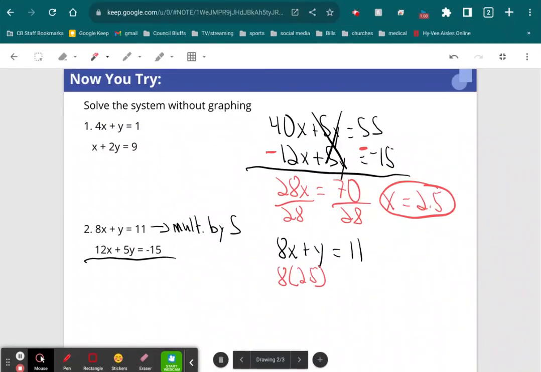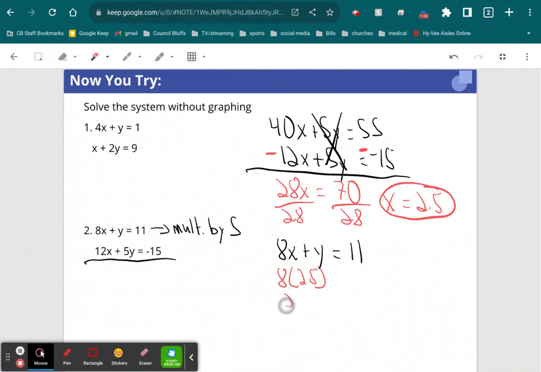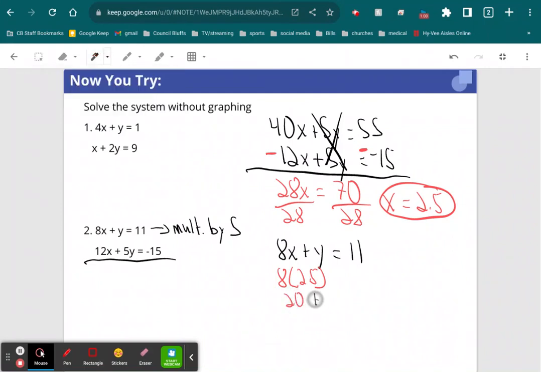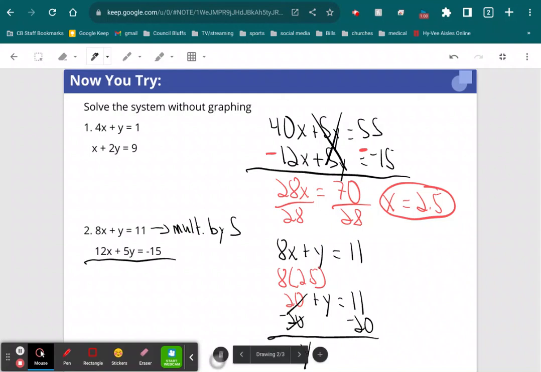So this is going to be 20 plus y equals 11. And I can finish this off by subtracting 20 from both sides. So y equals 11 minus 20, which is negative 9. So y equals negative 9. x equals 2.5, and y equals negative 9.